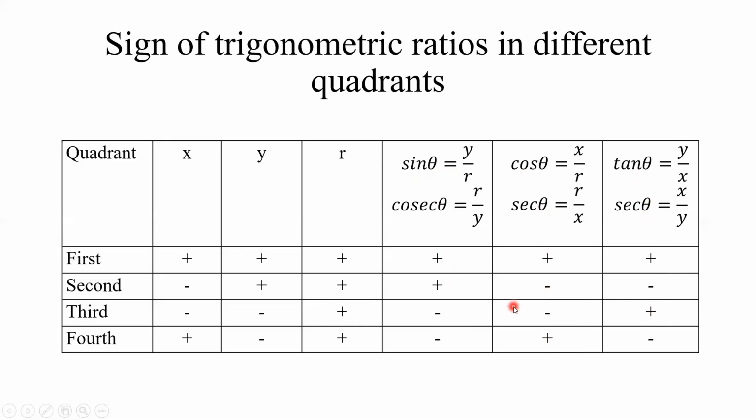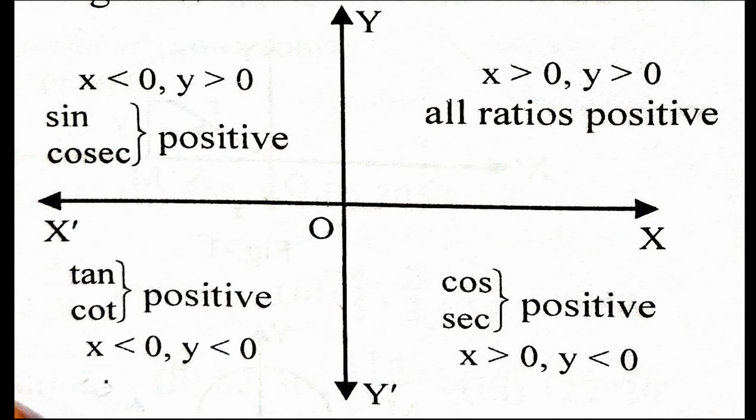In a short way, we can write this way. First quadrant, all ratios are positive. That is sine, cos, tan, cot, sec, cosec. All are positive.